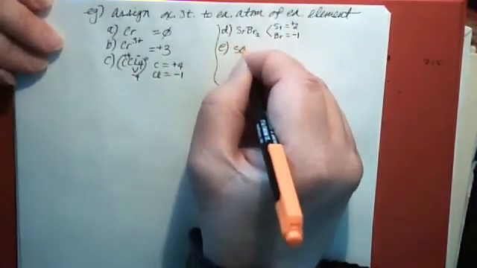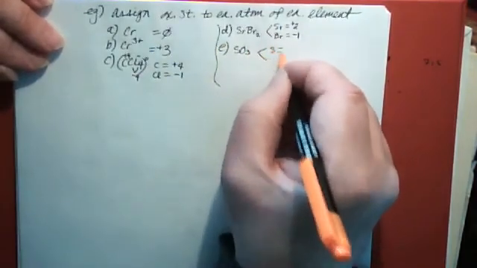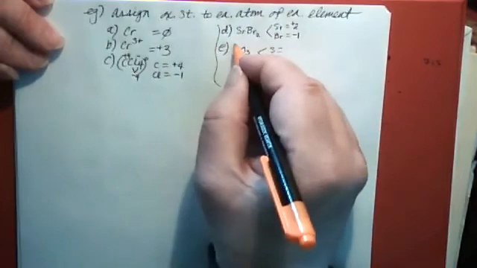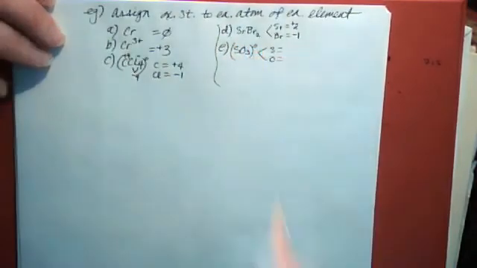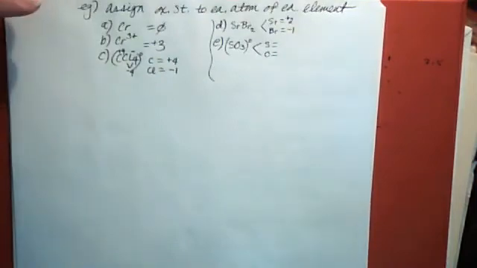E is SO3, the compound. SO3, in this case, is a neutral molecule, so it has 0 charge overall. It's made up entirely of nonmetals. Sulfur and oxygen are both nonmetals. Of the two of them, though, oxygen is above sulfur in the periodic table, which means oxygen is more electronegative than sulfur.